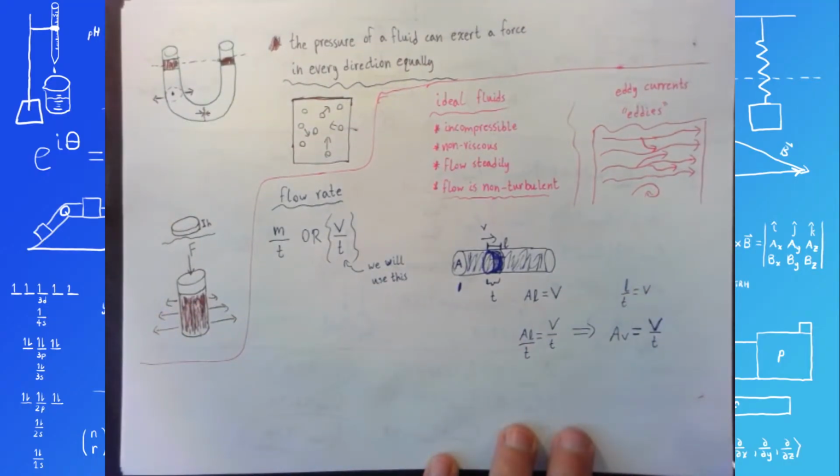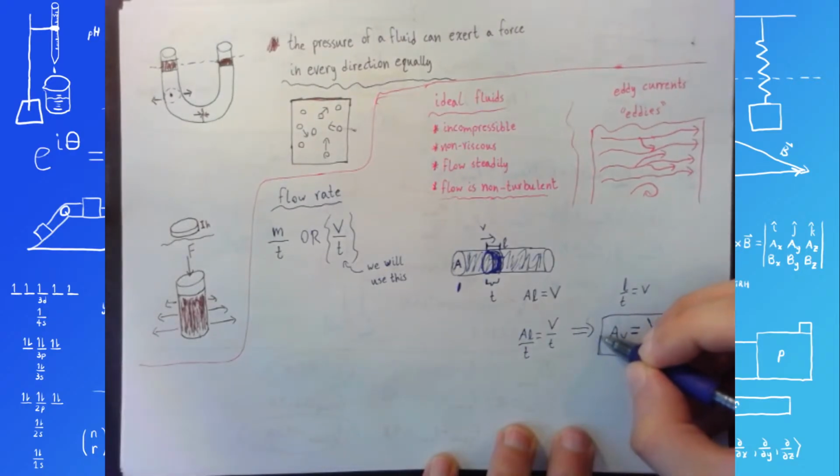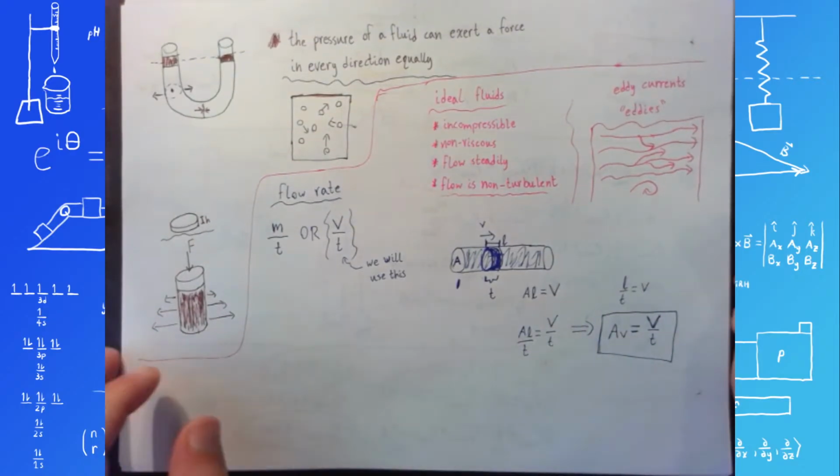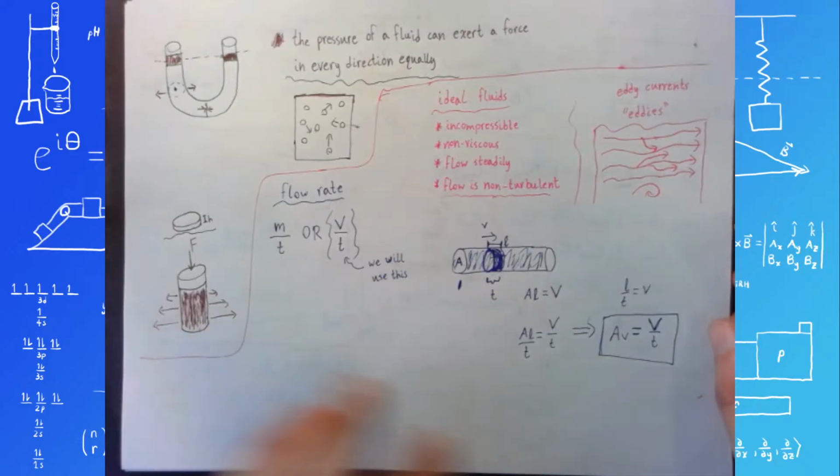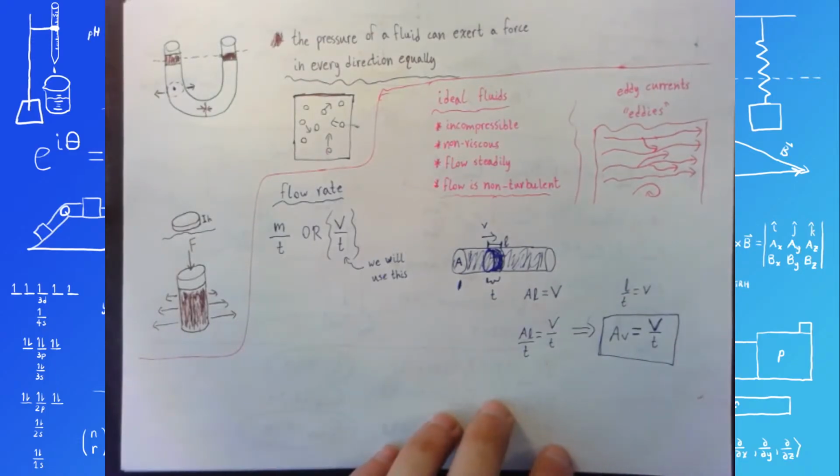And there we go. So we actually have two equations for flow rate. You can either just do volume over time, or you can do area times velocity. Either one will work.